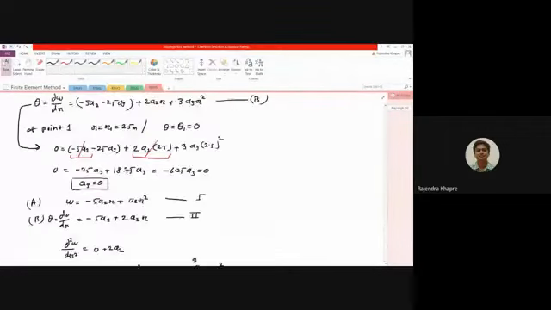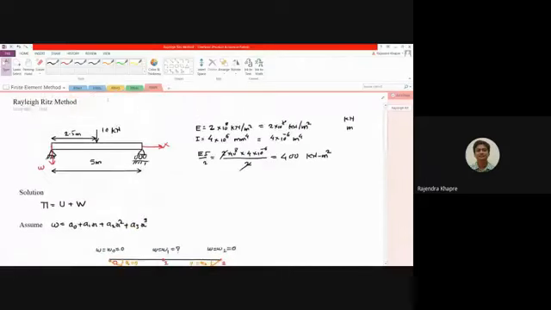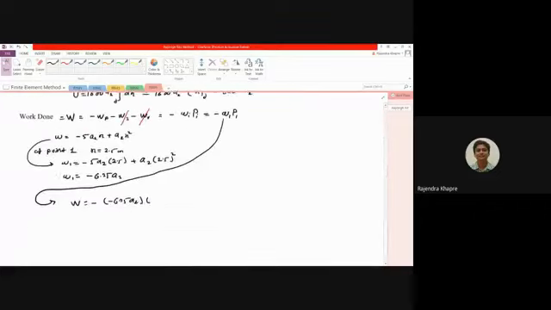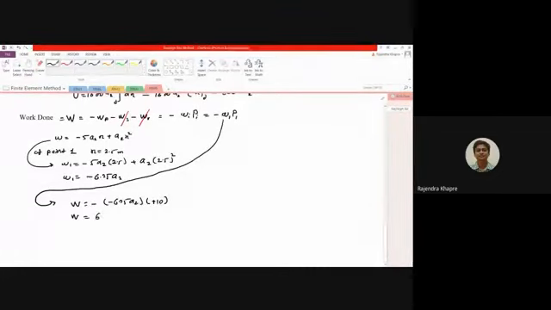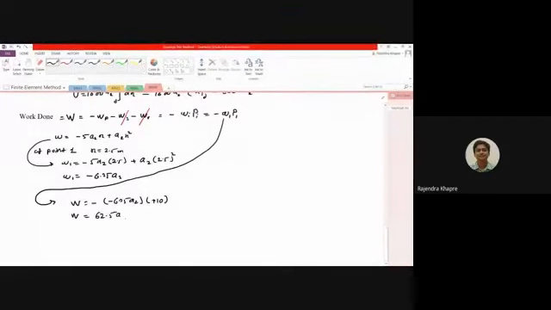The value of load acting at that particular point is 10 kilonewtons, and the direction of that load is in the direction of the deformation. So here I am going to put this value as positive 10. At the end you get the value of work done as something like 62.5 times A2. Is it okay everybody? यहाँ तक बराबर है? Yes, sir.